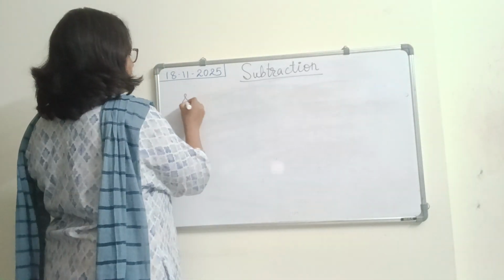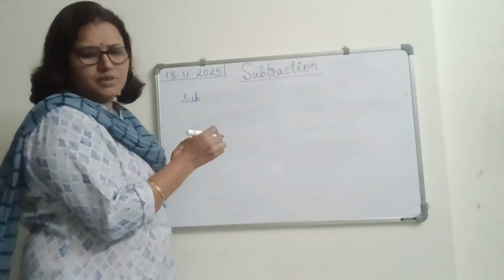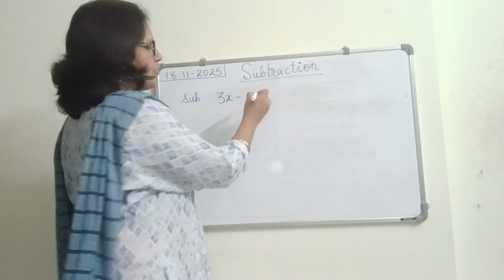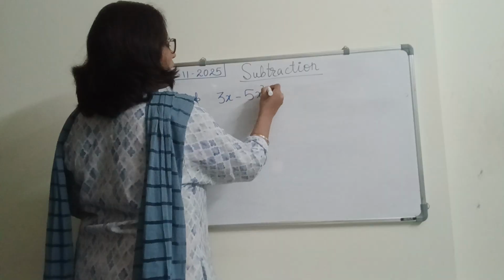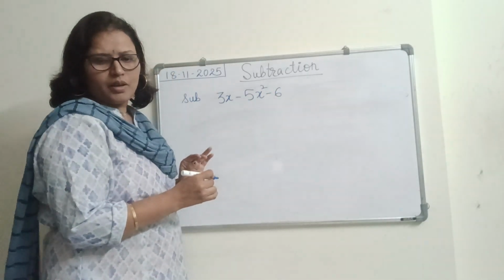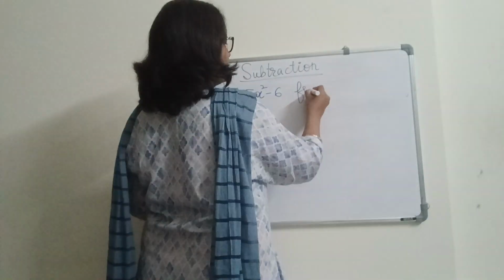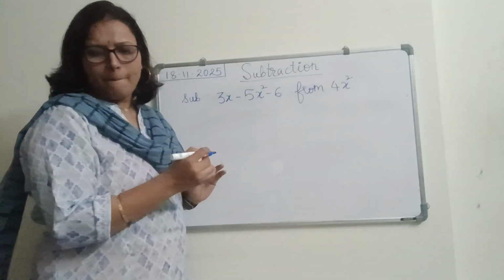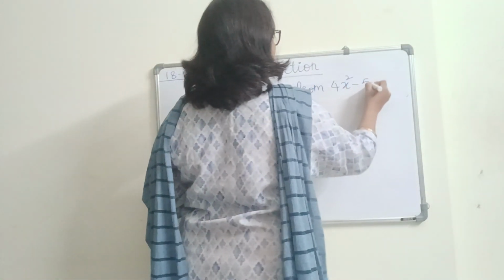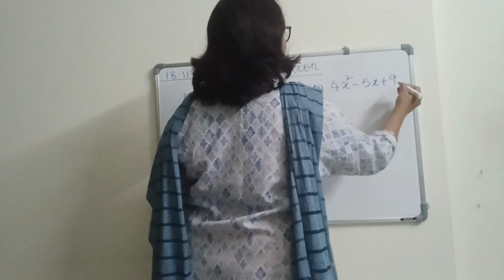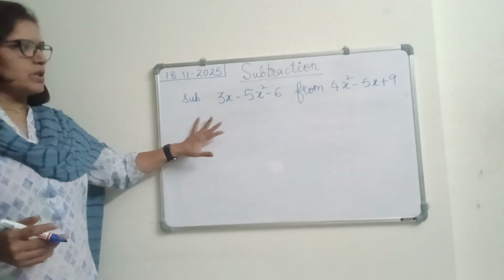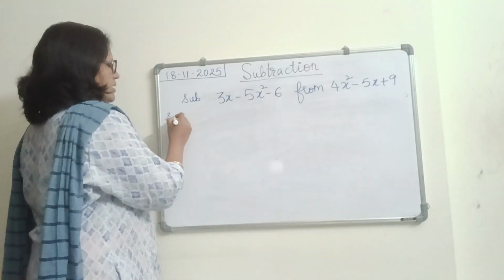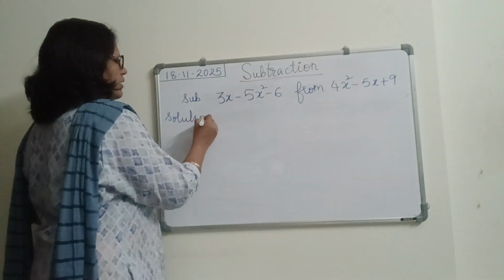Next, the question is: subtract 3x minus 5x square minus 6 from 4x square minus 5x plus 9. So this is your question. At that time, the first thing you have to do is arrange the terms.